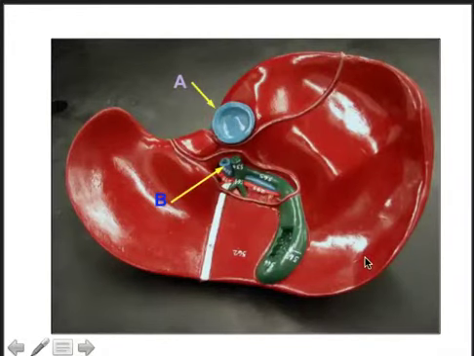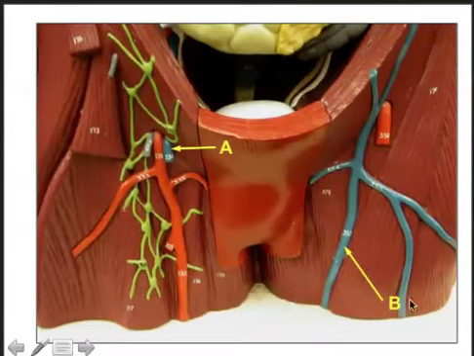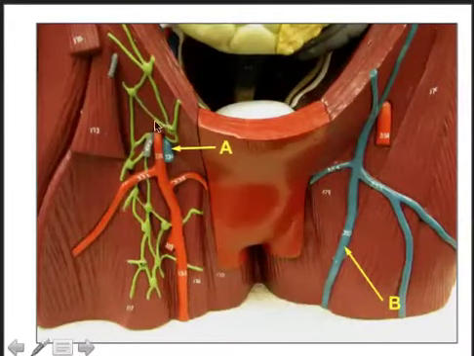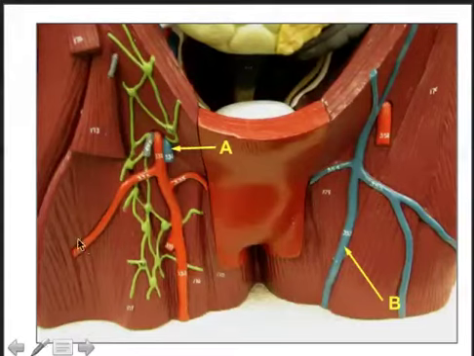Okay. Over here, again, we have to remember what we're looking at on either side. What we're seeing here on the left side is the superficial aspect, and over here we're looking at the deep aspect of the leg. So the right side of the model down here, this is deep, this is superficial. Okay, so what is A?